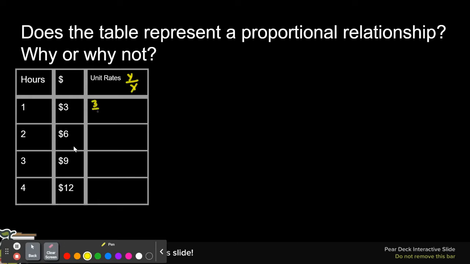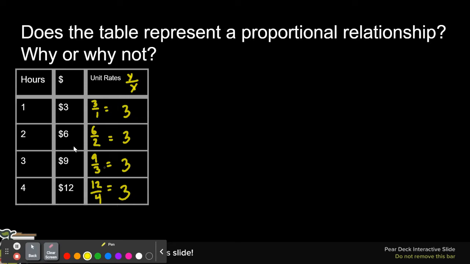So this is 3 over 1. This is 6 over 2. This is 9 over 3. This is 12 over 4. Hopefully you recognize that all of these unit rates are going to be the same, which tells us what? That tells us that this is a proportional relationship, right?